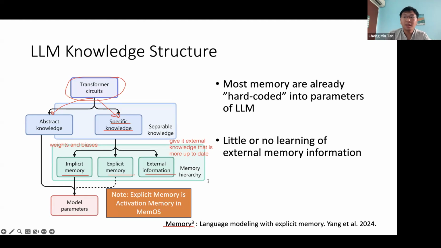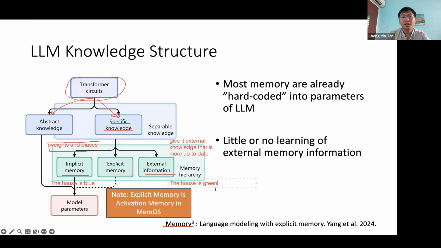However, that is not a long-term solution, because if you keep doing this, your external knowledge and the weights and biases implicit to the LLM might be singing different tunes. For example, the implicit memory can say the house is blue, and your external memory can say the house is green.